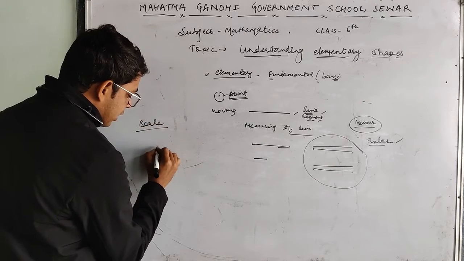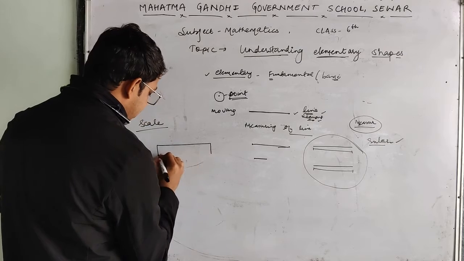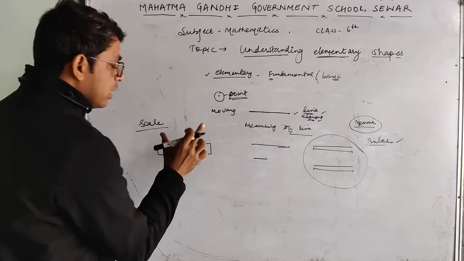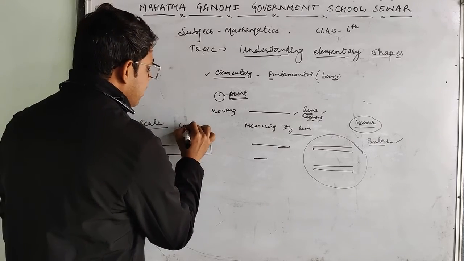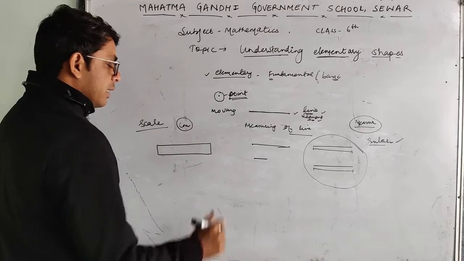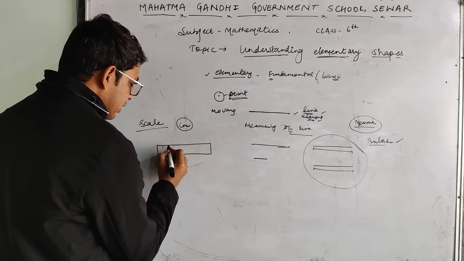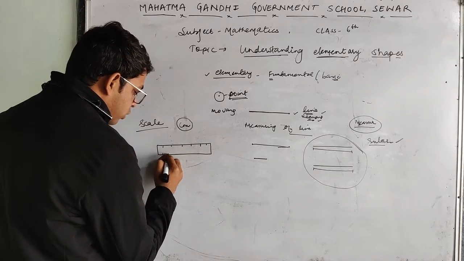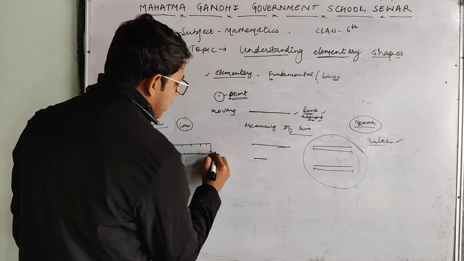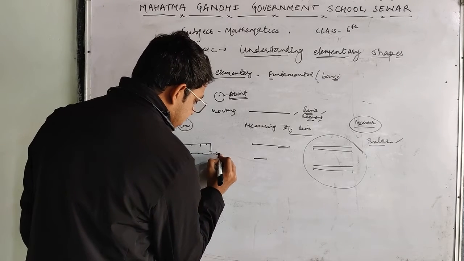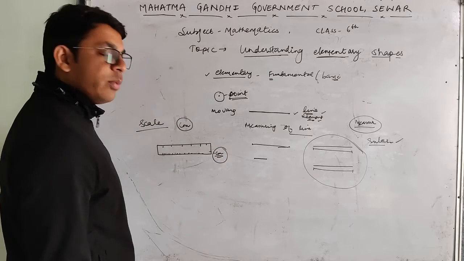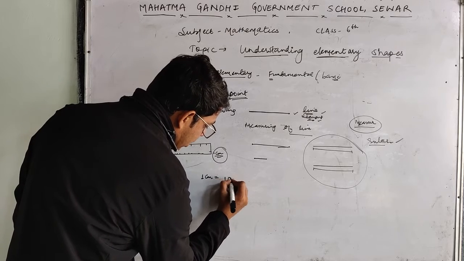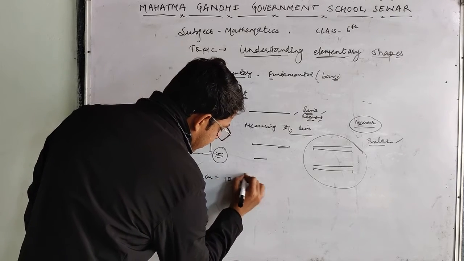Now what is a scale? Scale is a measuring device which is used for small measurements at the level of centimeters. The scale which we use has 6 inches and on the opposite side has centimeters. 1 centimeter is equal to 10 millimeters.